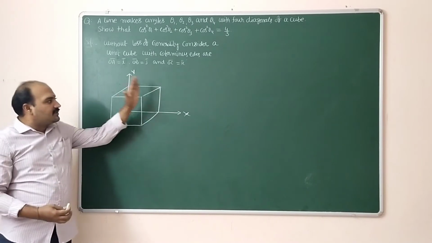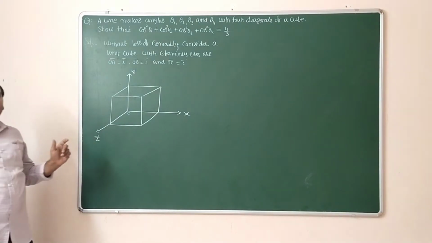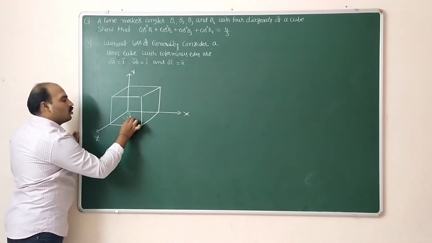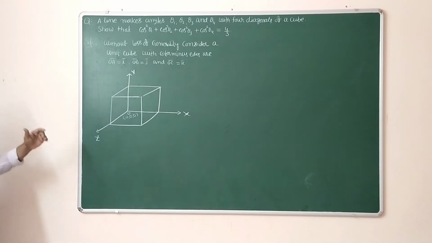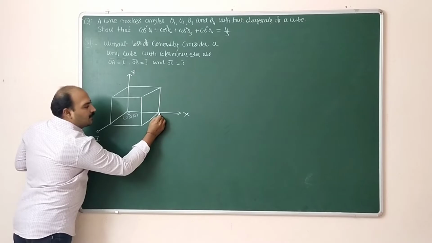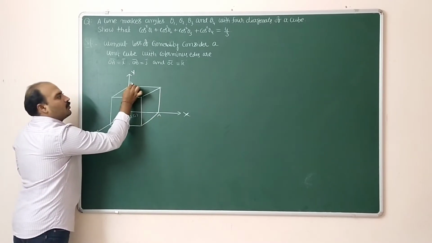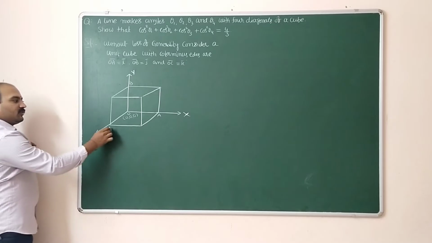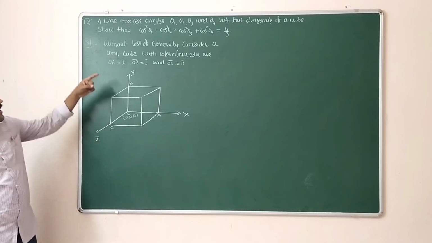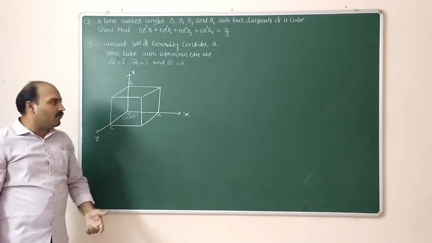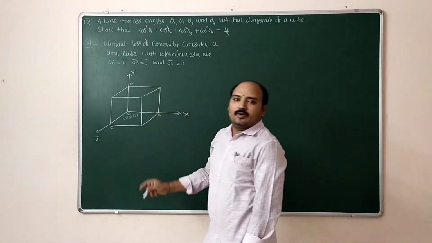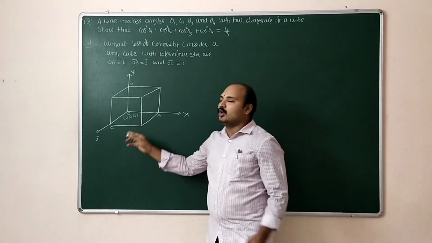First I am writing the vertices of a cube. After that we will convert the sides and diagonals into vectors. The origin coordinates are 0, 0, 0 in three-dimensional space. Next, I consider the point A on the x-axis, the point B on the y-axis, and the point C on the z-axis. Since we consider a unit cube, all the lengths of the sides as well as heights equal 1 unit.